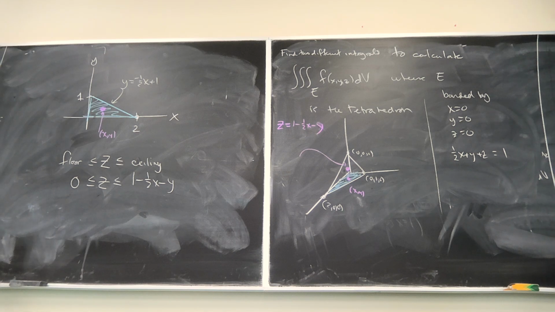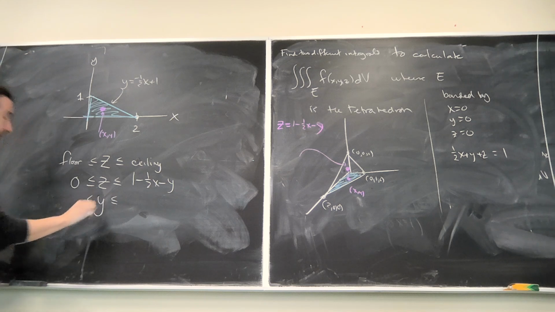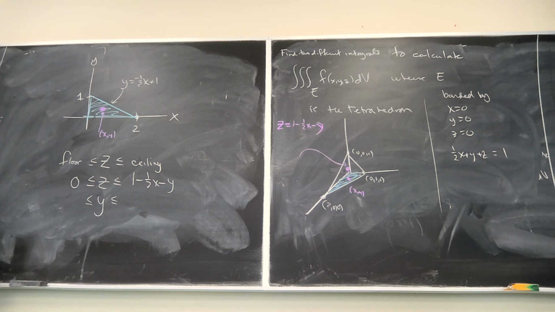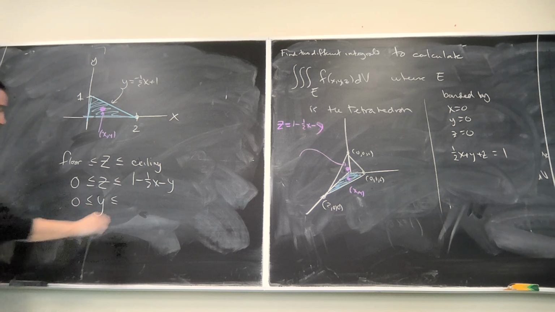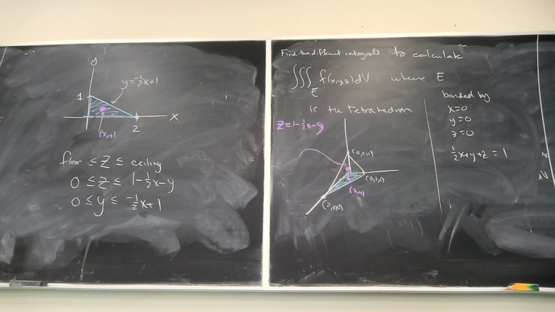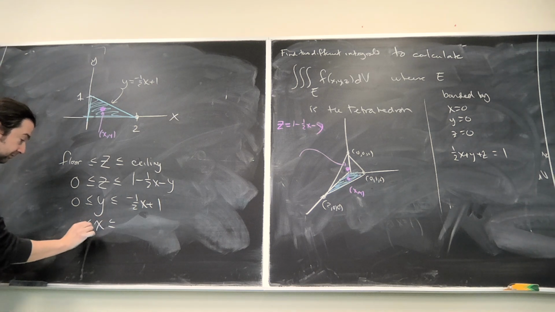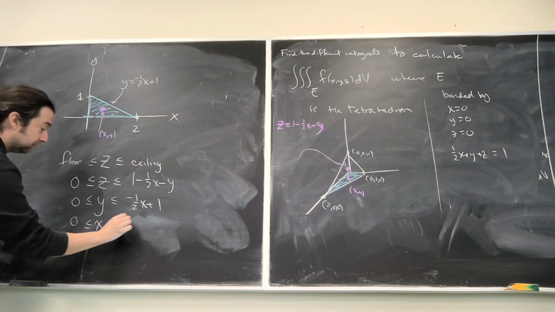So for a fixed value of x, the y values travel between 0 and minus 1/2 x plus 1. And finally, I just need to know where the x's are. 0 to 2.